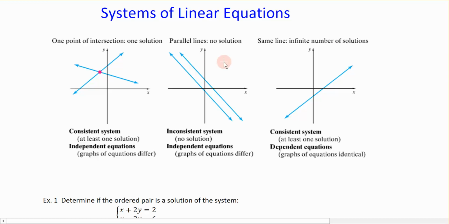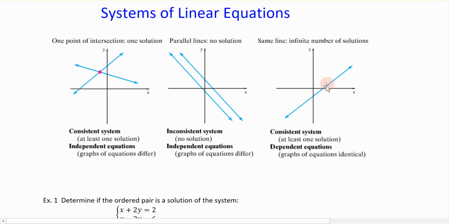So the final type of solution we might encounter would be considered infinite solutions. This is where I have, in a sense, one line laying on top of another line. So if you picture one line sandwiched on top of this line right here, they are intersecting at all points along that line. So there are an infinite number of solutions.